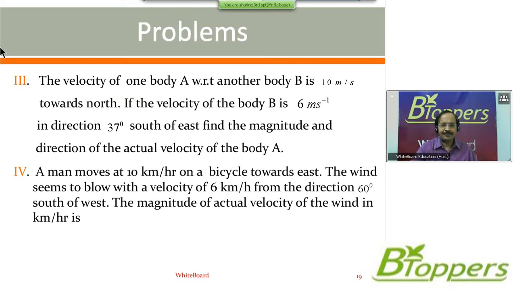A man, that is problem number 4, moves at 10 km per hour on a bicycle towards east.